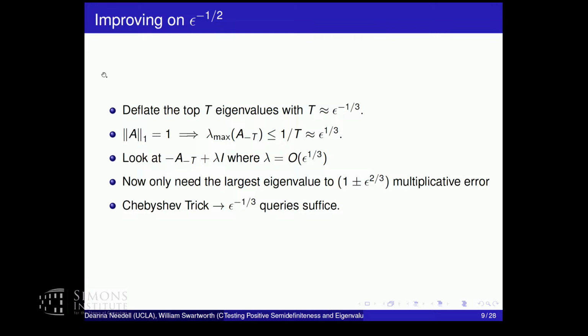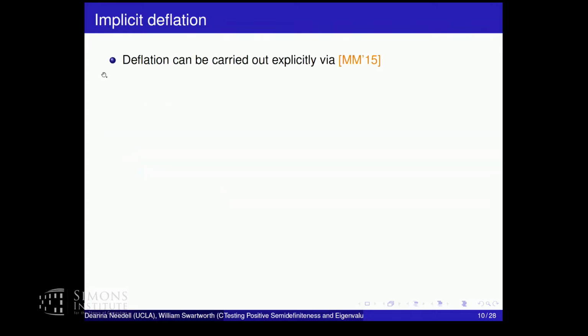Okay. Now, I didn't say how to do the deflation yet. Deflation can be carried out explicitly via Cameron and Chris's algorithm analysis of subspace iteration. But in fact, Krylov just does this directly for us. We don't need to do this explicitly.